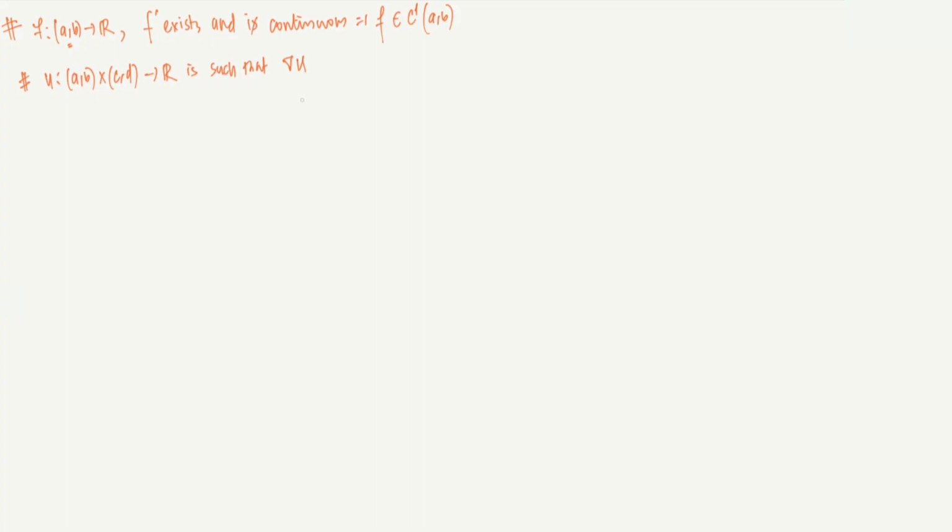That means both ux and uy exist for all x, y. So gradient u exists and is continuous, which means both the functions ux and uy are continuous. That will imply u is C1.